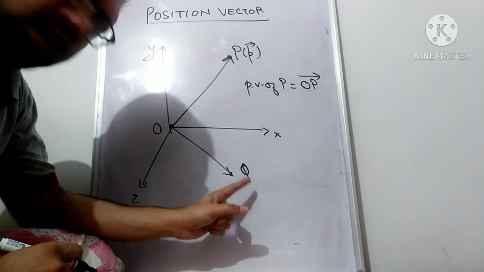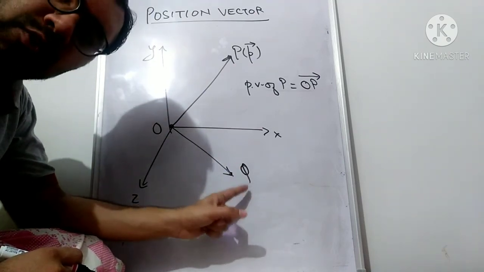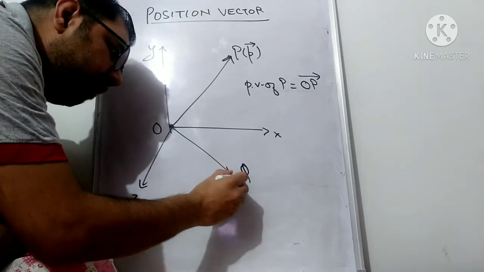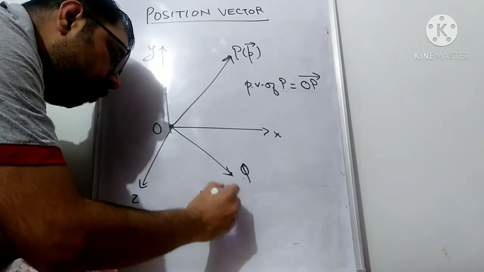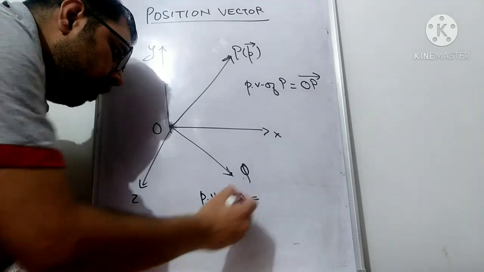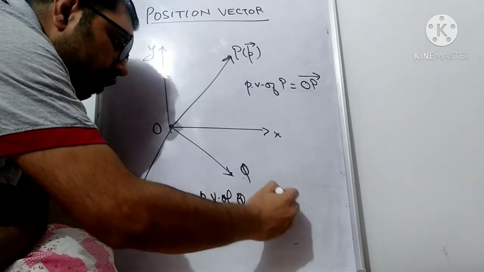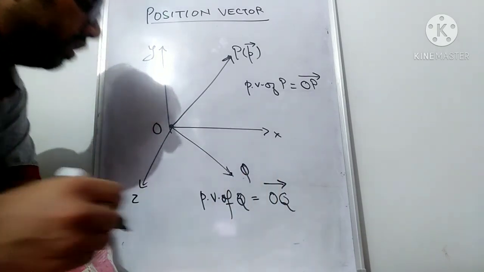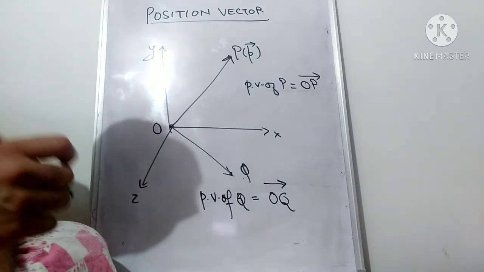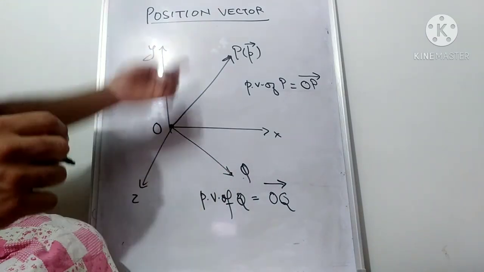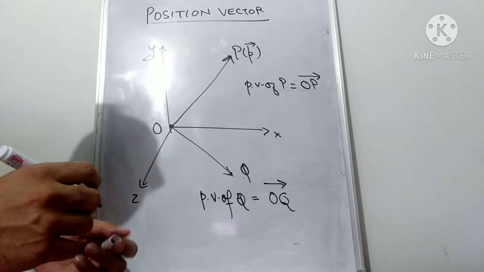Always remember this. So the position vector of Q will be given by the vector OQ. This is called the position vector for any point.